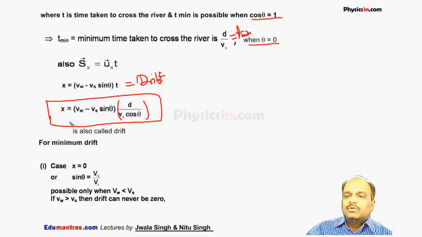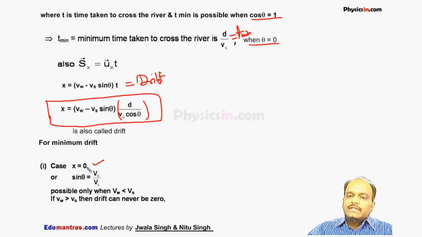Now if we want to cross the river in minimum time, as discussed, the minimum time is d by Vs. But if we want to cross the river such that the drift is minimum, in the first case let it be 0.